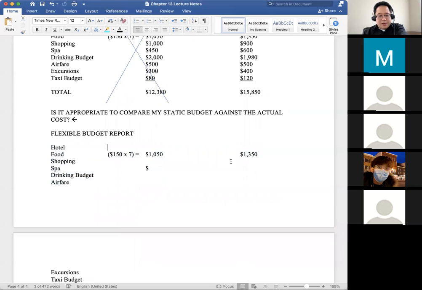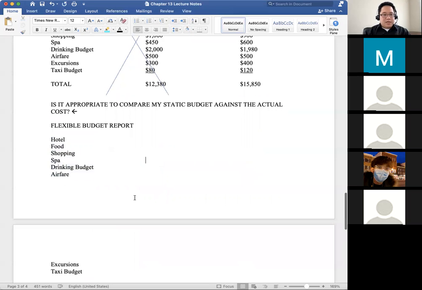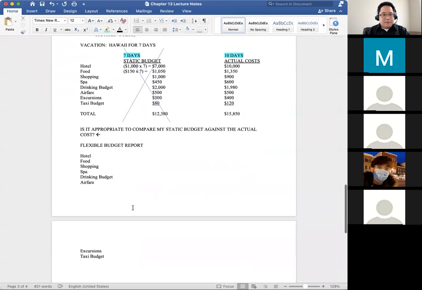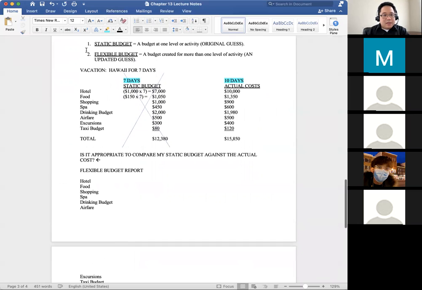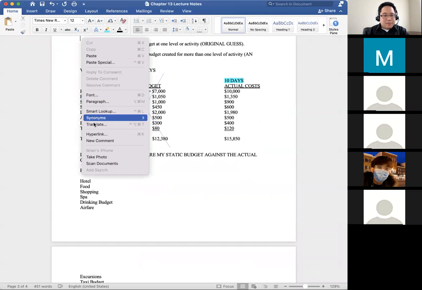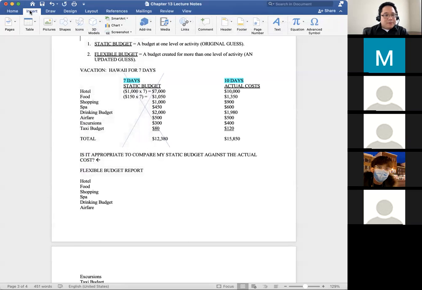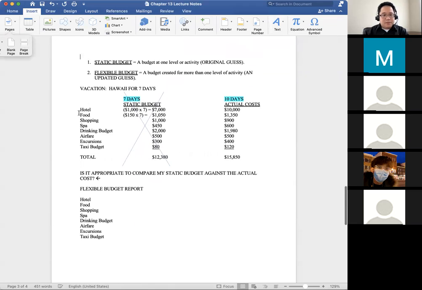So we're going to take these costs and we're going to update them and create a flexible budget. Okay, so let me do this, put it on one page. Okay, here.